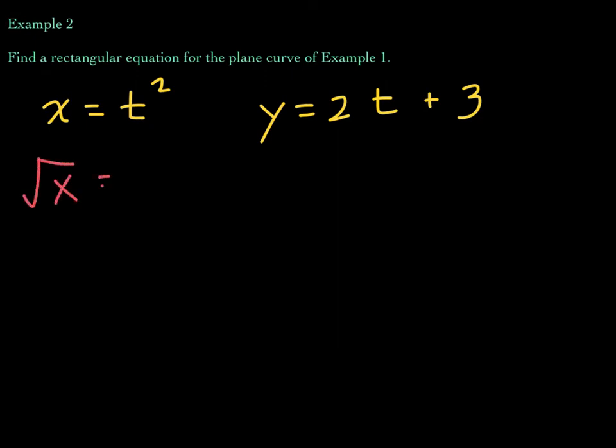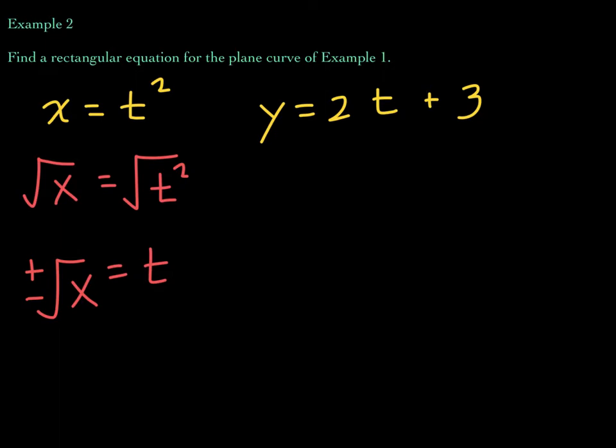Remember, you want to isolate t. So you would get t is equal to plus or minus the square root of x. The problem with this is that you have two values for t, either positive root x or negative root x. And we would rather have a unique solution for t.